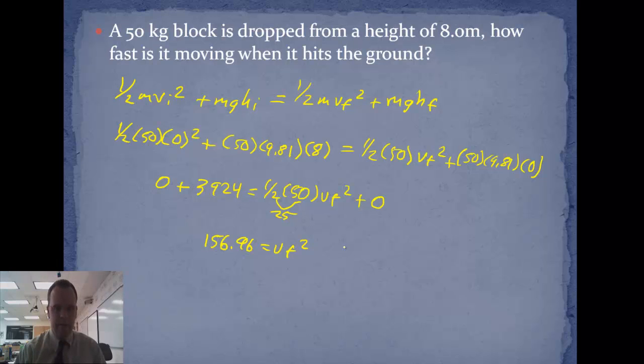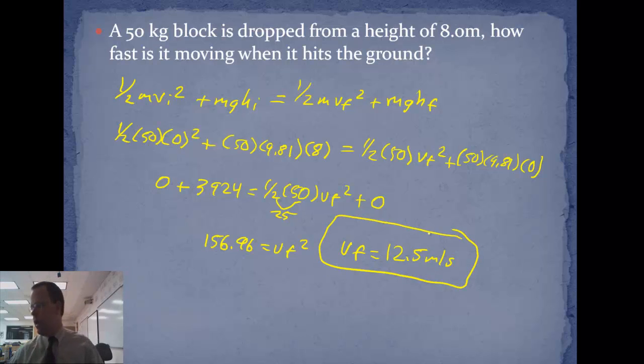I get 12.5. So the final velocity here would be 12.5 meters per second. Now we actually solved a problem very much like this when we were back looking at free fall, and you could do that using acceleration, using the height and the distance formulas, but this is another way using conservation of energy.